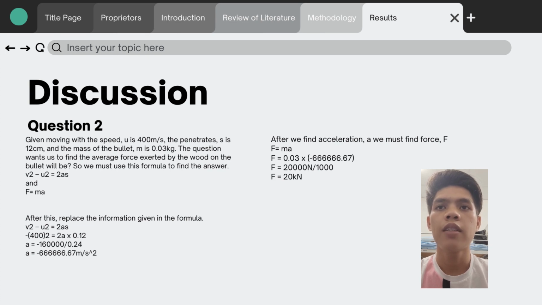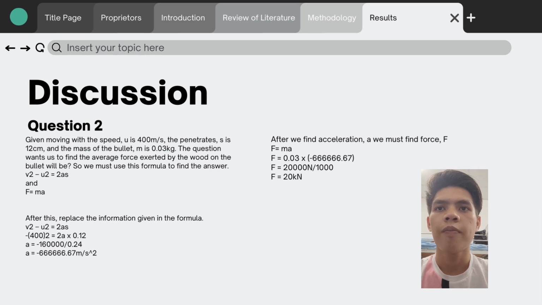v² minus u² equals 2as and F equals ma. After this, replace the information given in the formula. v² minus u² equals 2as.